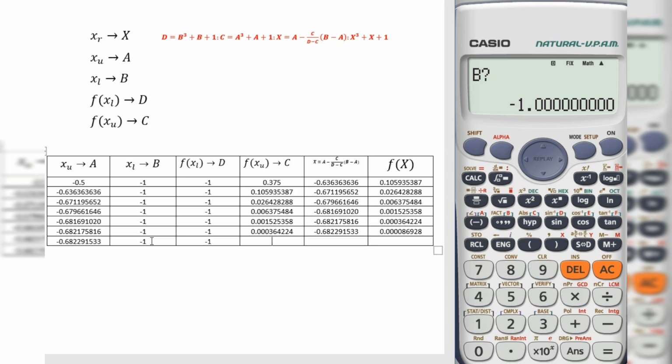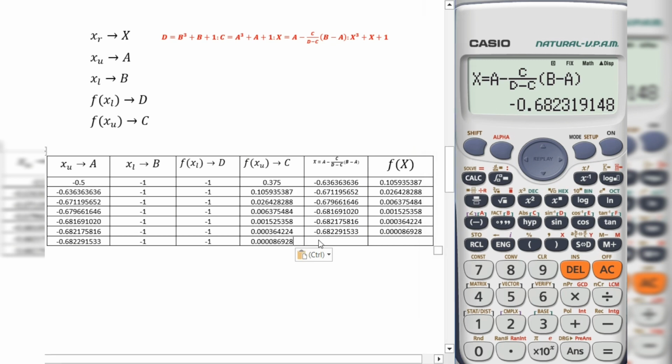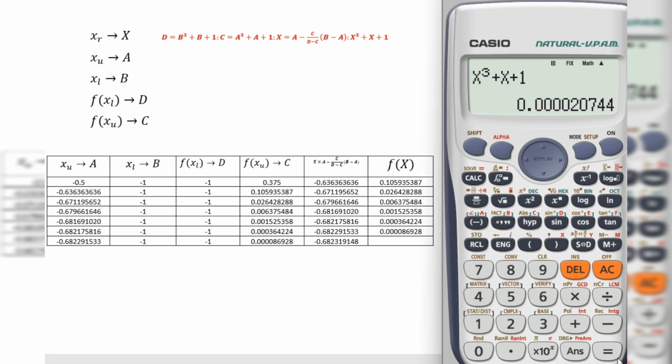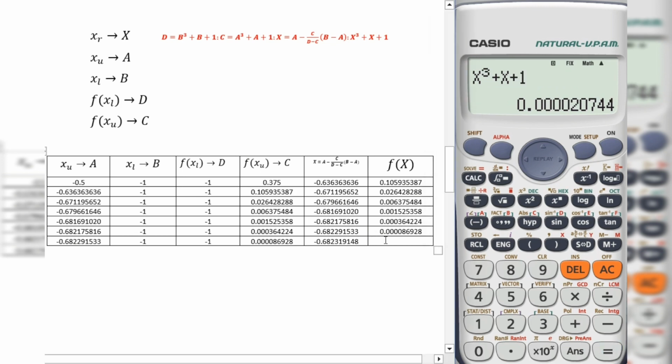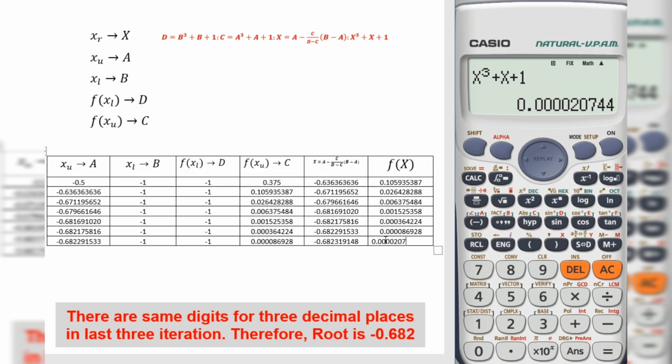Again minus 1, C is equal to this value, and here A is equal to X, D is equal to minus 1, C is equal to this value and X equals minus 0.682319148. The function value is 0.000020744.